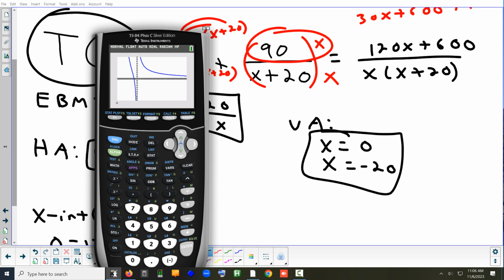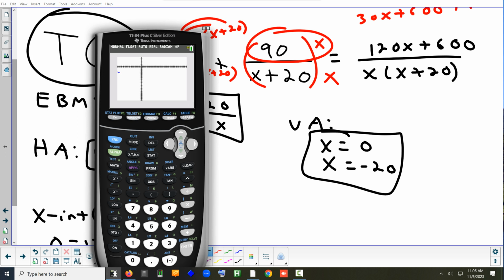When you have vertical asymptotes, usually you have one more piece of graph than vertical asymptotes. We have 2 vertical asymptotes. That means you should have 3 pieces of graph. I don't know how much further we have to go. Let's try negative 40 and maybe negative 35.